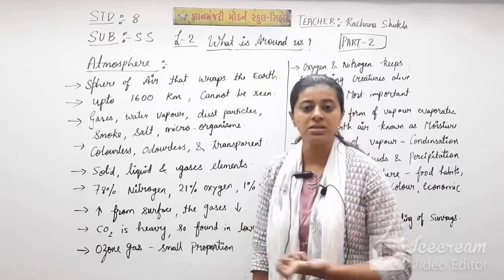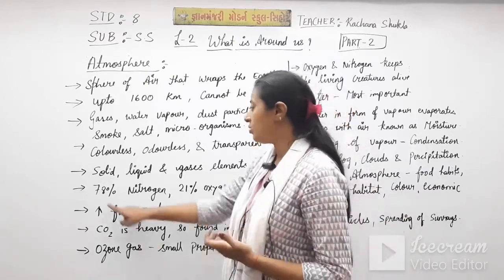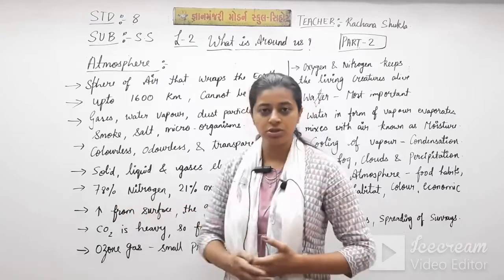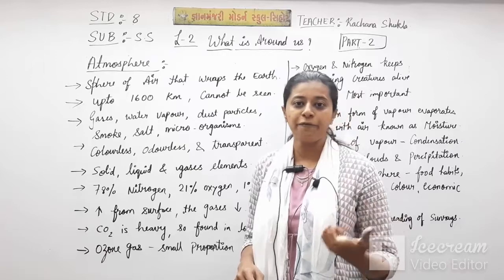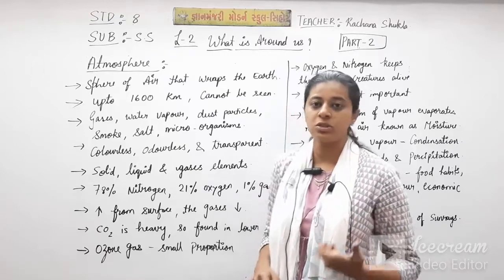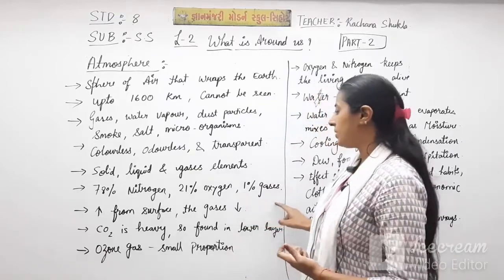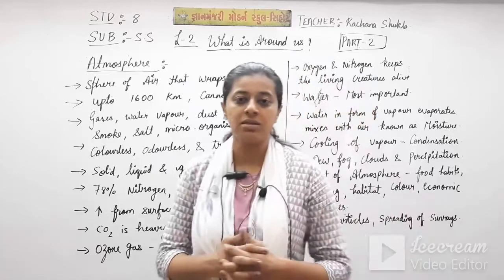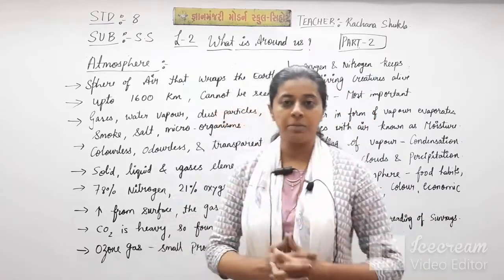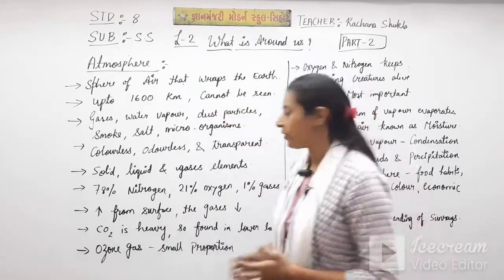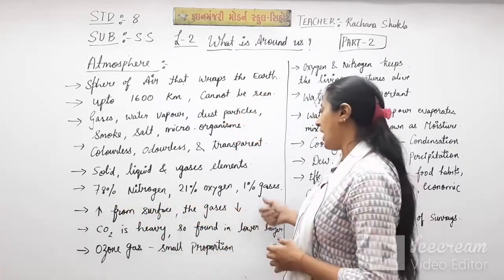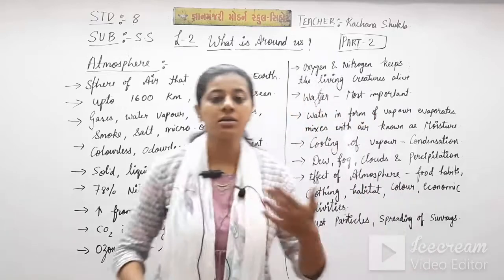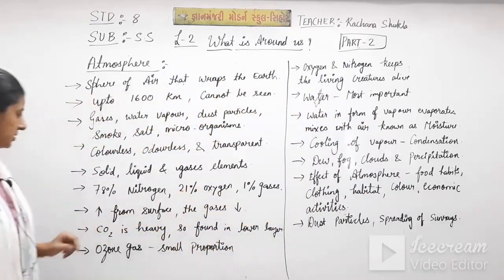Talking about the percentage of gases, we have 78% nitrogen, 21% oxygen, both the gases, the lifeline of the living creatures to live, and 1% of other gases in the atmosphere. So our atmosphere comprises of 78% nitrogen, 21% oxygen and 1% other gases, total 100%.